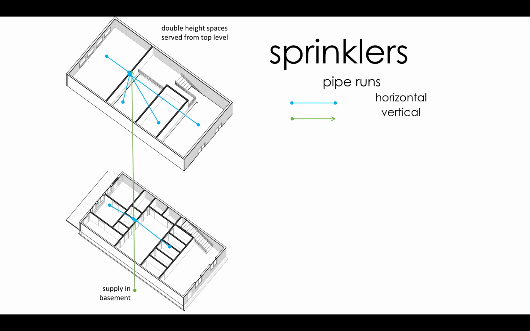If you have, for example, an exposed structure, then your sprinkler pipes typically are up above the structure, then that's something you want to know right away, because the sprinkler pipes are going to have to be painted, and you're going to see all the drops for the sprinkler heads. So doing these diagrams helps you decide if you want, for example, just a ceiling to cover that up.